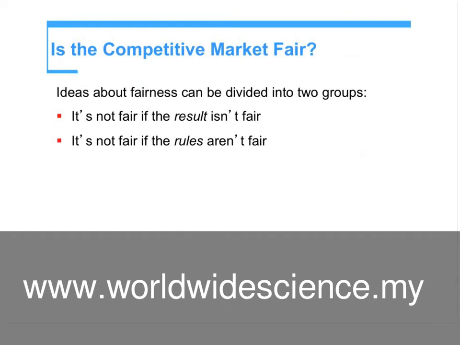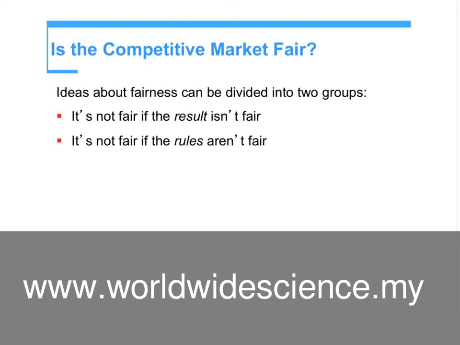The idea that it's not fair if the rules aren't fair started with utilitarianism, which is a principle that states that we should strive to achieve the greatest happiness for the greatest number. So the utilitarian approach says that we should go for the greatest happiness for the greatest number.